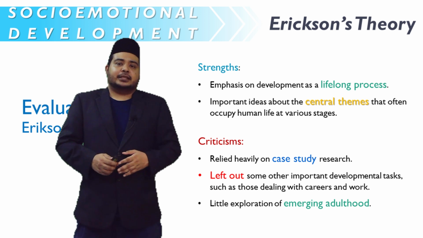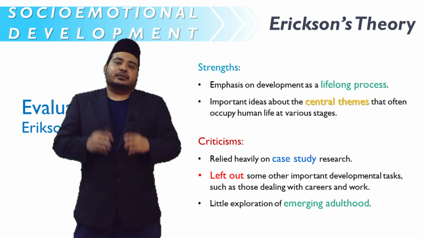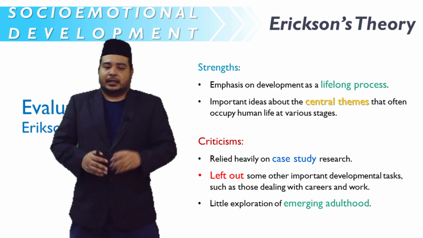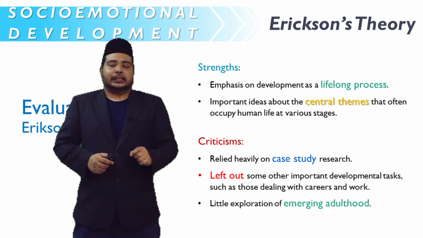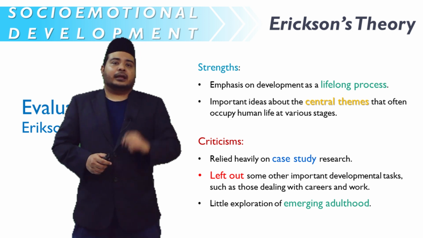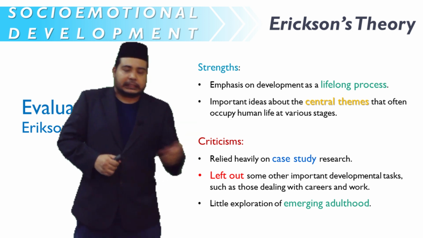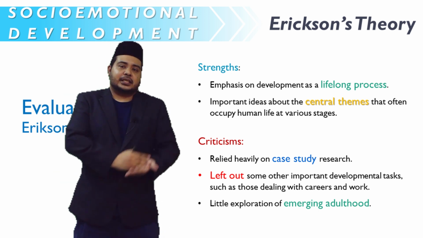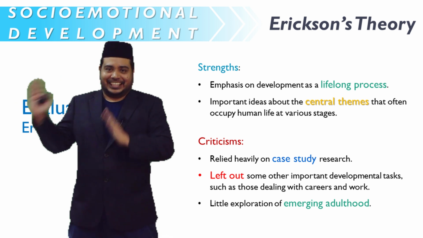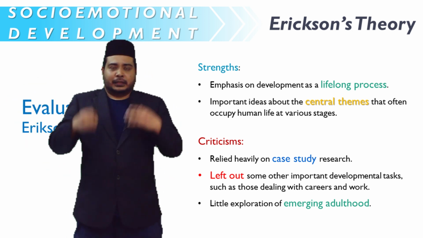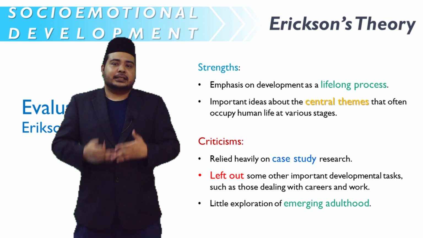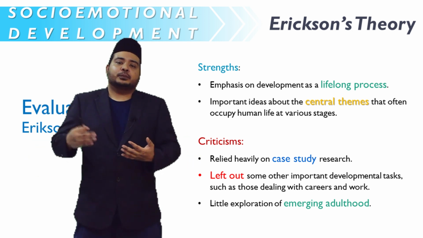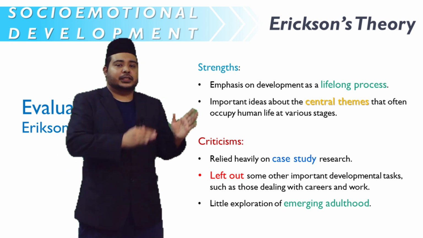In terms of strengths, Erikson's theory emphasizes development as a lifelong process. He does not talk about one particular time, adolescence only, childhood only, or adulthood only. It's basically from infancy until death, aging, late adulthood. So there are important ideas about the central themes that often occupy human life at various stages of development.